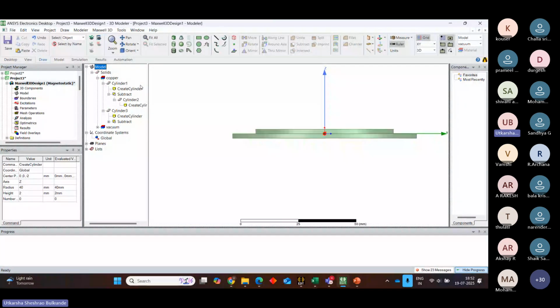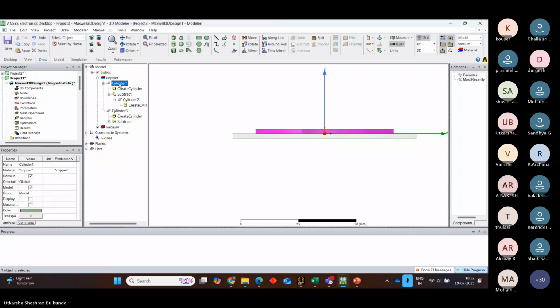Front view. So this is your copper plate and this one is your ferrite plate.